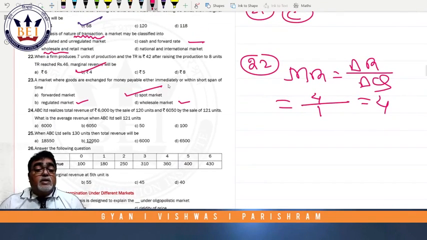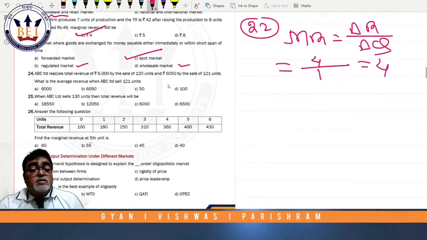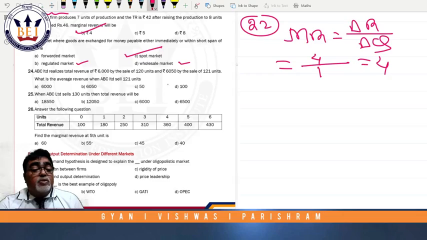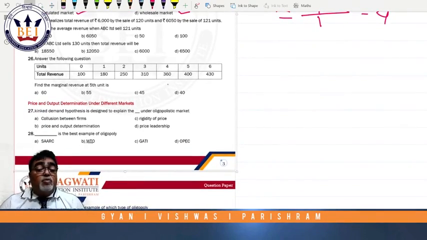In the visit transaction, cash and forward, it is Chennai. 22 is Bangalore. 23 is Chennai. Now 24.